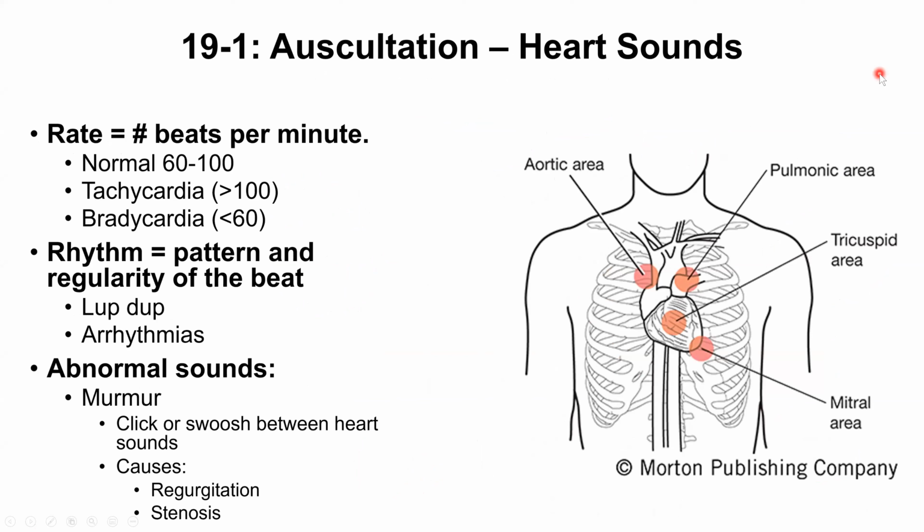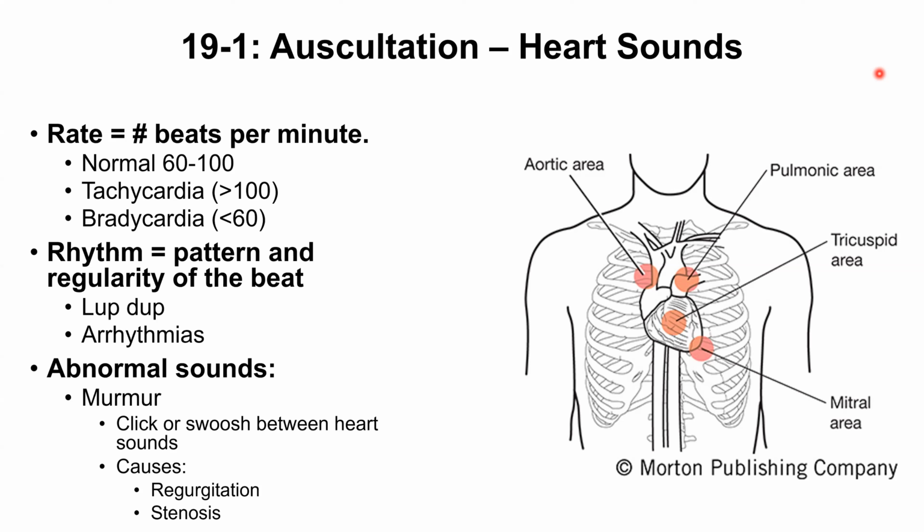Going on to understanding some different concepts when it comes to auscultation, first and foremost is heart rate. You can determine heart rate by listening to these sounds, and heart rate is the number of beats per minute that you hear.